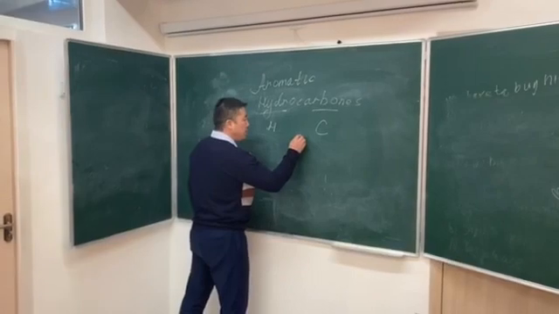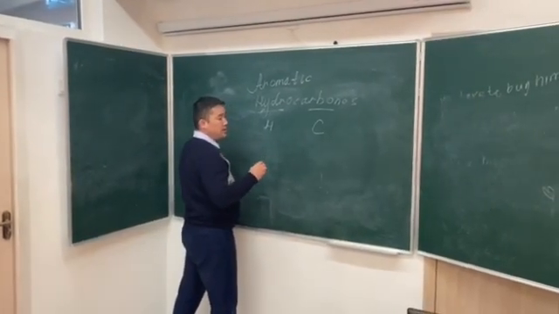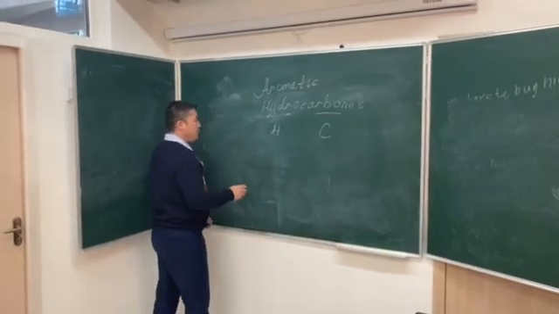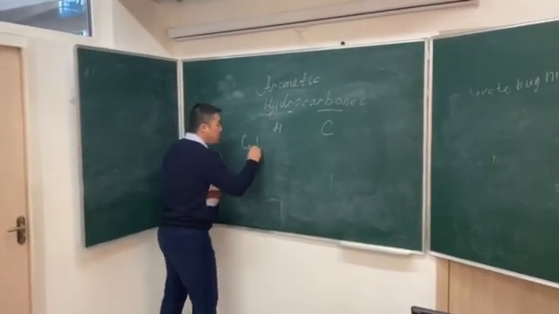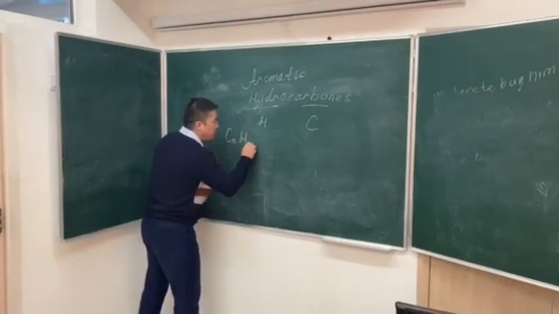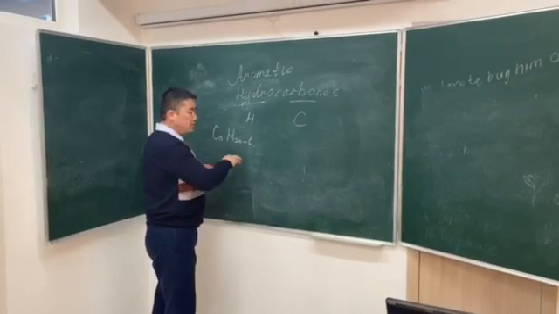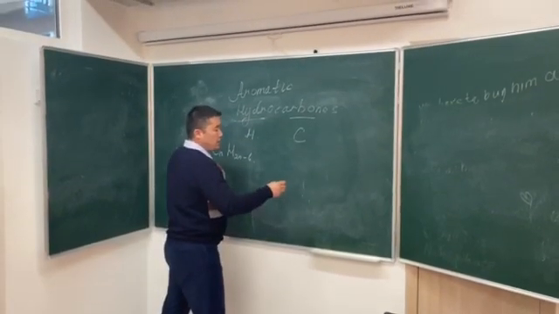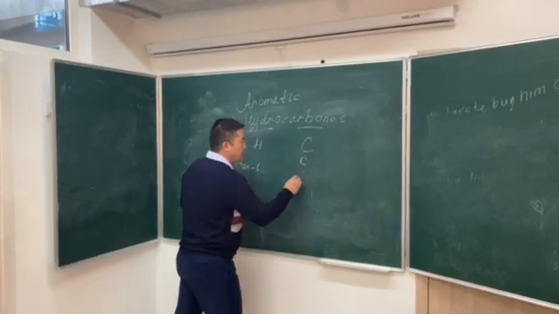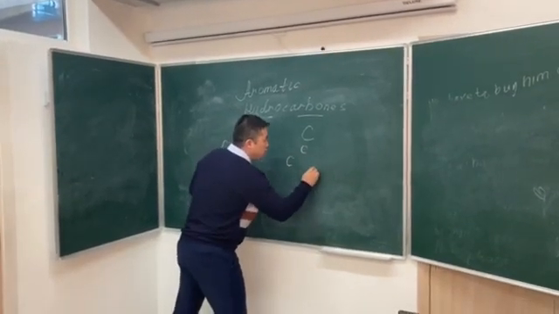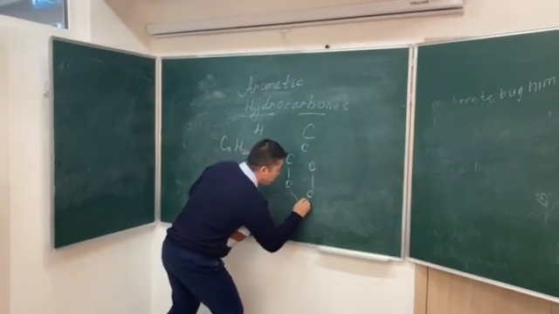For example, benzene has 6 carbon atoms. Its general formula is CnH2n minus 6. So, according to this formula, let's draw some structure of benzene. This is carbon atoms 1, 2, 3, 4, 5, and 6.